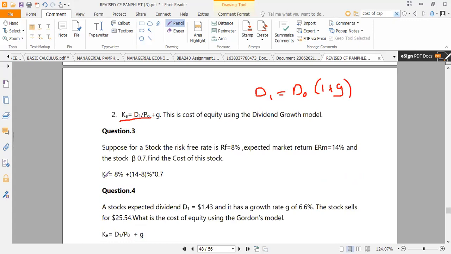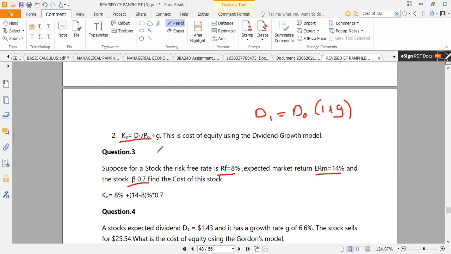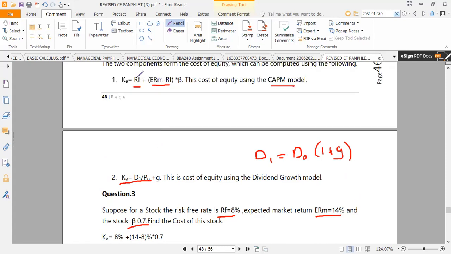So we're going to look at an example here. Suppose a stock has a risk-free rate of 8%. The expected market return is 14%. And we have our beta as 0.7. Find the cost of this stock. So since we're using the CAPM model, our risk-free rate is 8%.